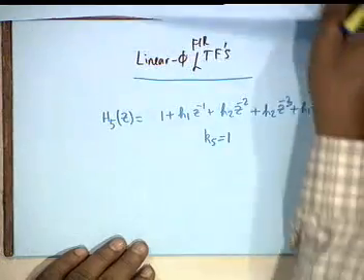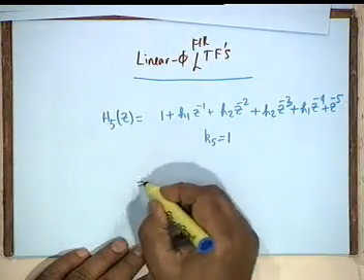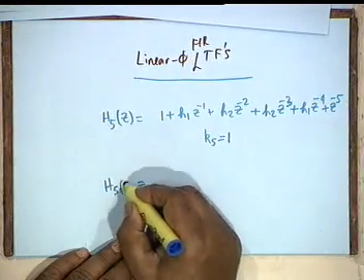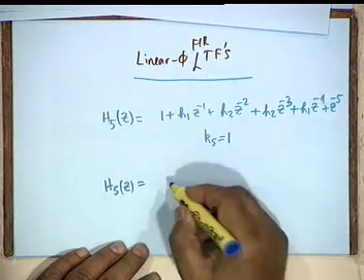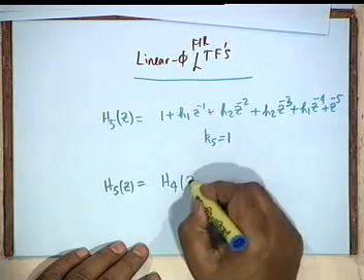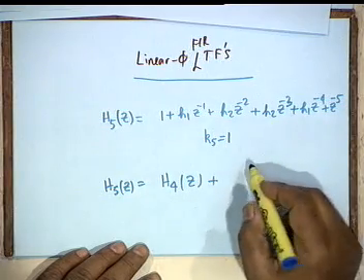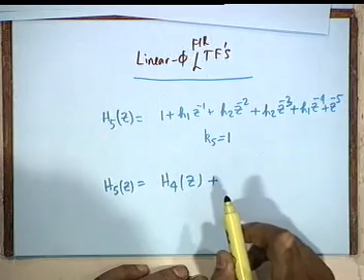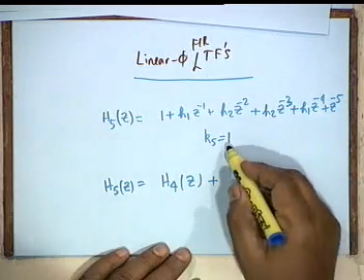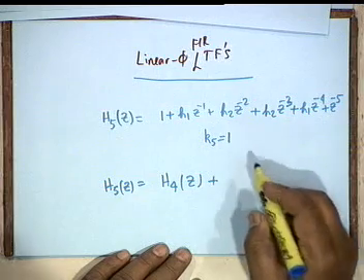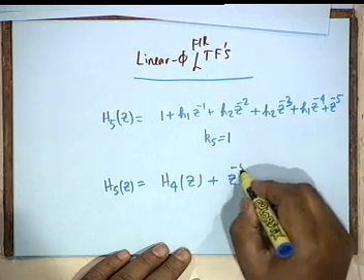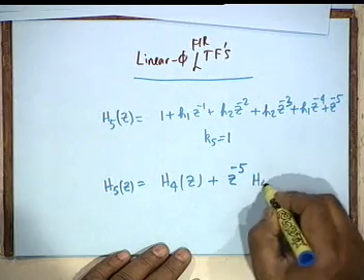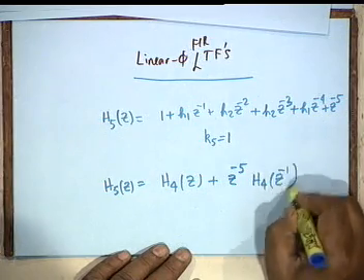So, if I write here H5(z), and that is how the problem got solved, H4(z) plus K5 is 1, K5 is 1. So, z to the minus 5 H4 of z inverse. Agreed?